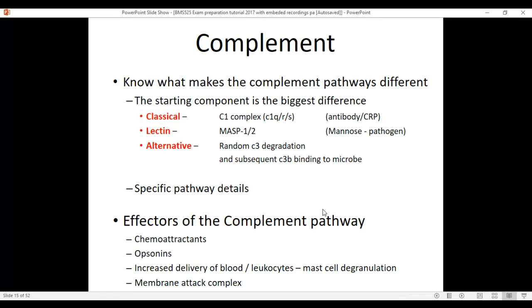Okay, complement kills a pathogen through a lot of indirect ways, i.e. through the recruitment of leukocytes, but actually the membrane attack complex is a way that complement can directly kill the pathogen. Because what happens is you get C5b, C6, C7, C8, and C9 forming a pore in the pathogen, and when that pore forms, it causes the osmotic lysis of the pathogen.